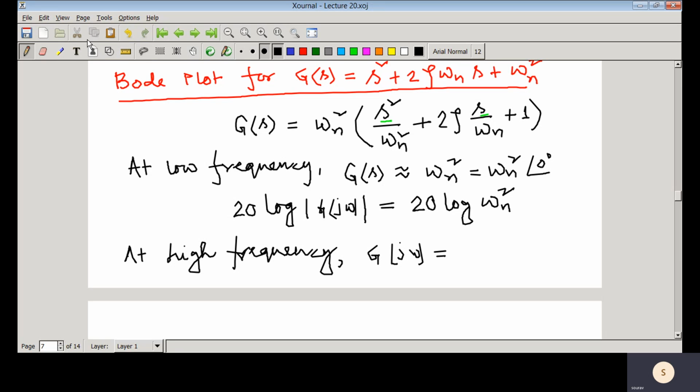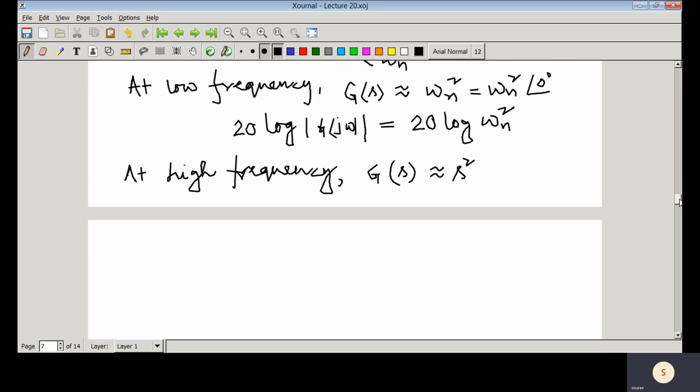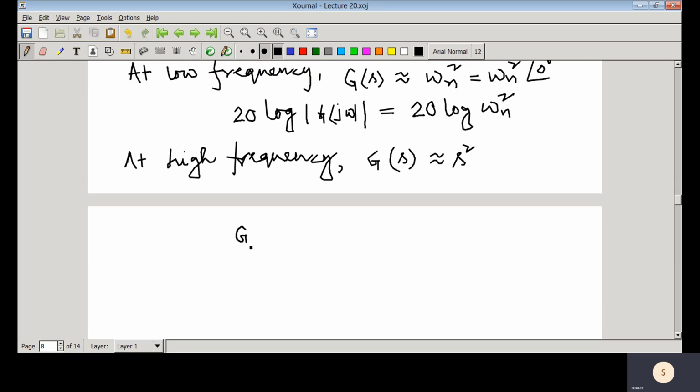So G(s) is approximately equal to s square at high frequency, and then G(j omega) would be approximately minus omega square.